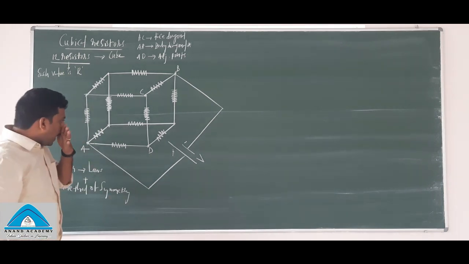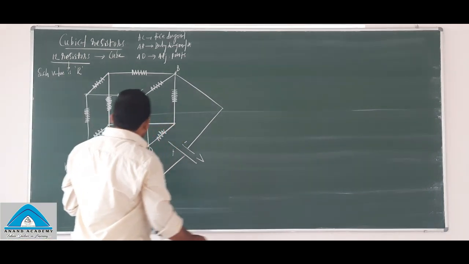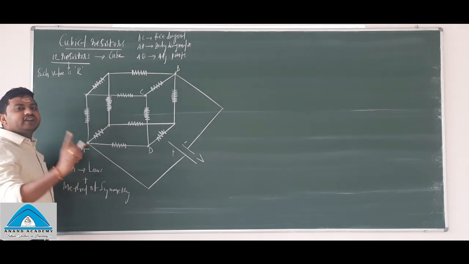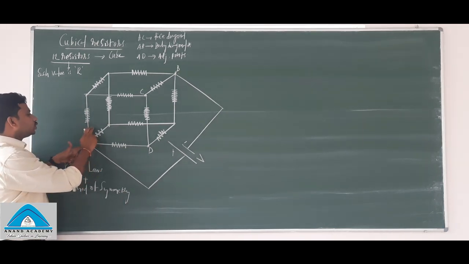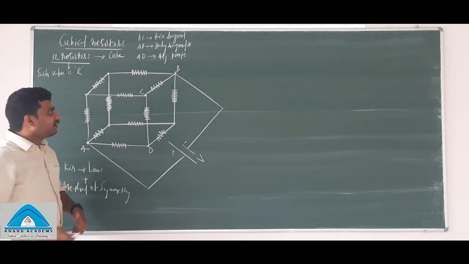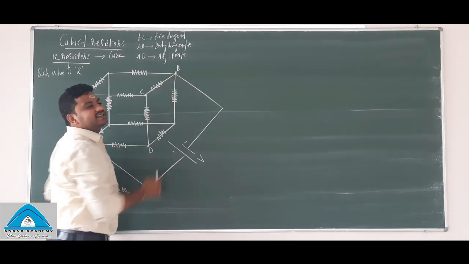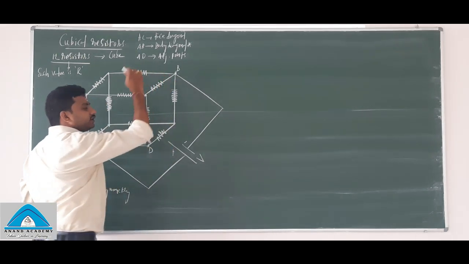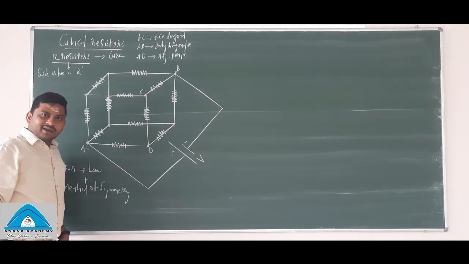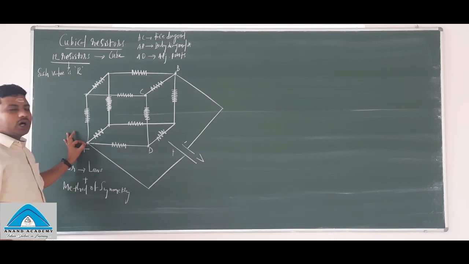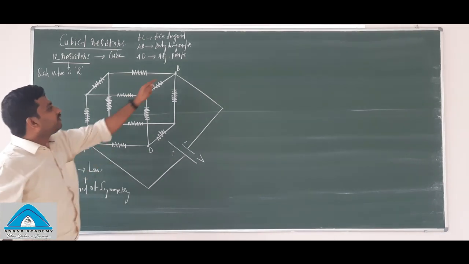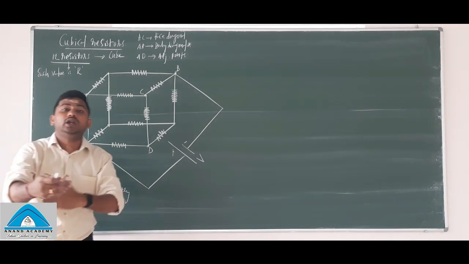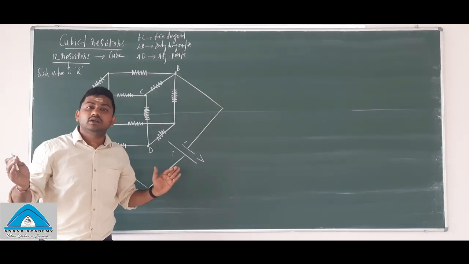Okay, now let's start. At this junction A, how many paths are there for the current? 1, 2, 3. At the last junction, how many paths are there for the current? 1, 2, 3. Very good. The way the current got split here, the same way the currents will come and reach the point B. That's called the method of symmetry.